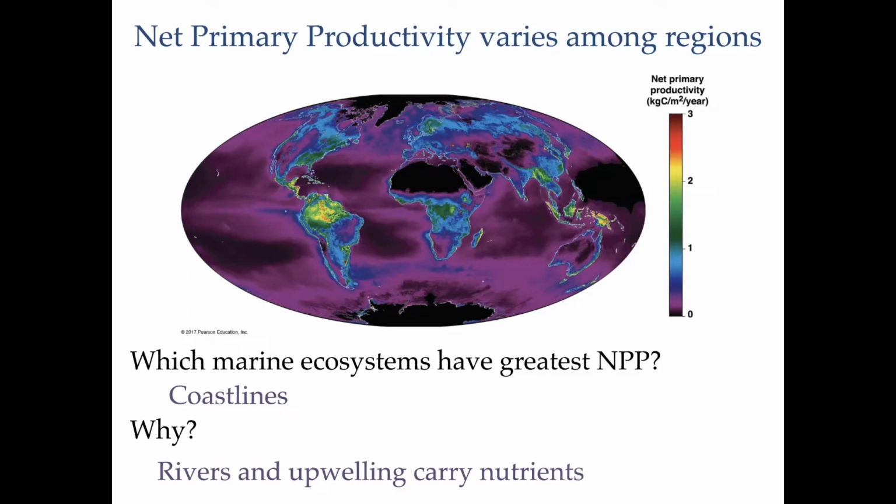And so phytoplankton, organisms that perform photosynthesis in the oceans, will be able to grow better because they have more nutrients. So basically, the availability of nutrients in the coastal lines is what is going to make it better at producing energy. Greatest net primary productivity will be there.